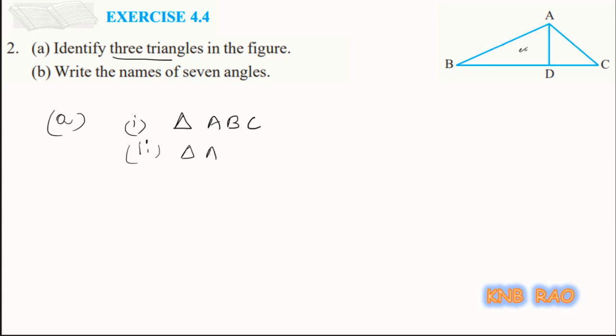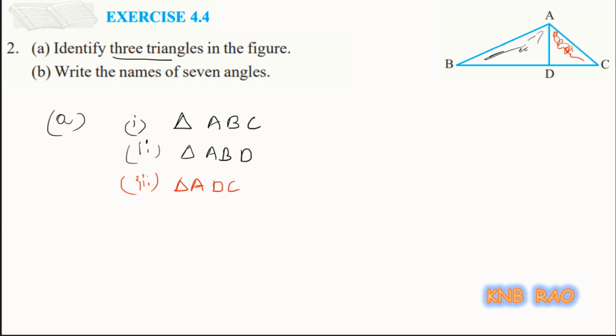So triangle ABD is one portion, this one. Another, we have this side portion where triangle ADC is the third triangle. So these are the three triangles formed.